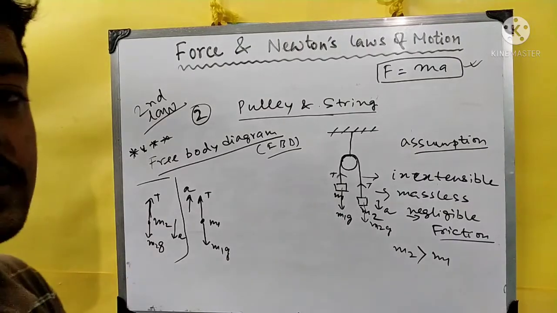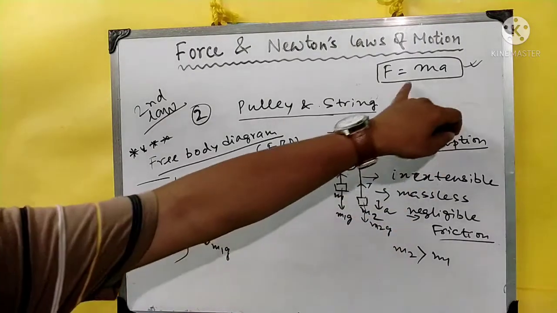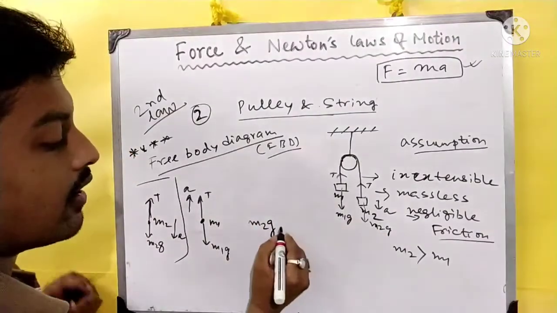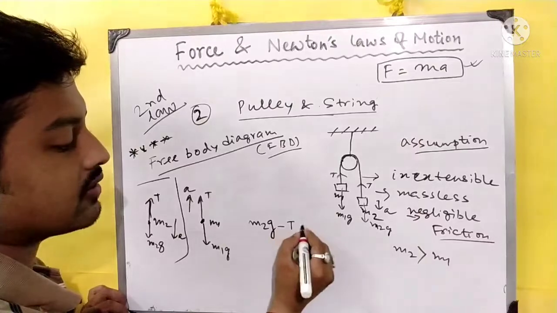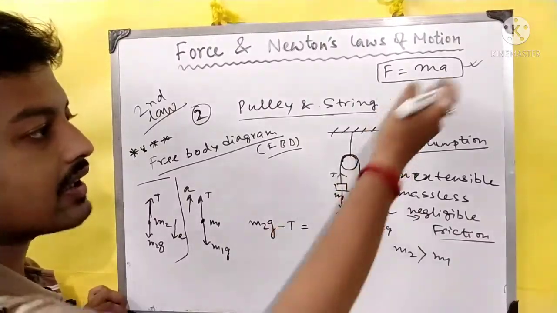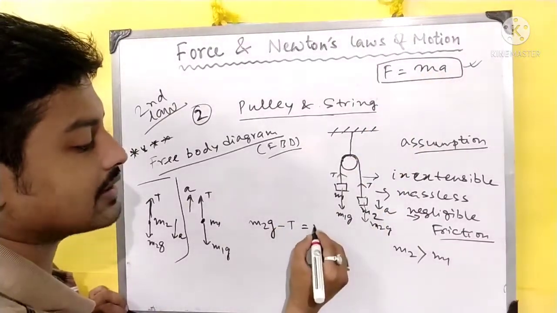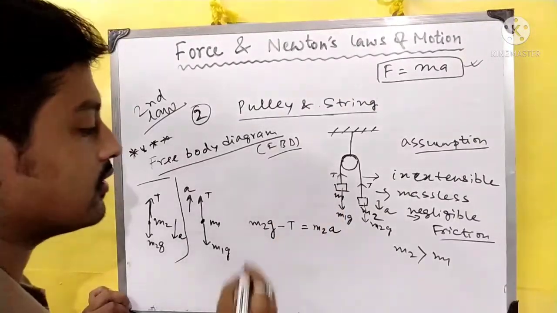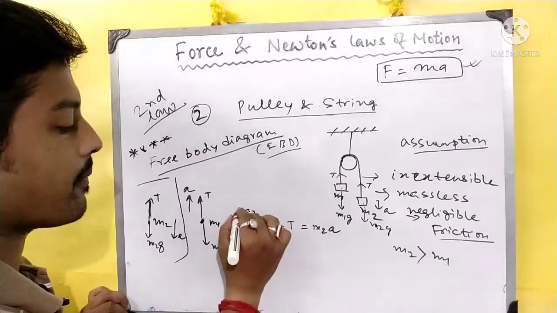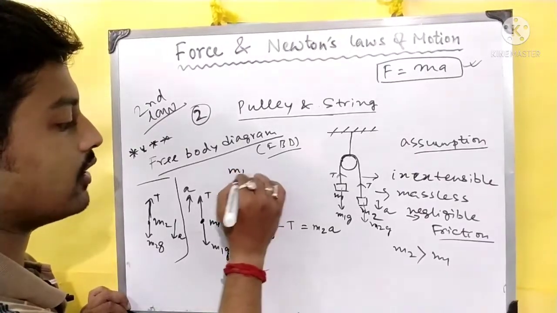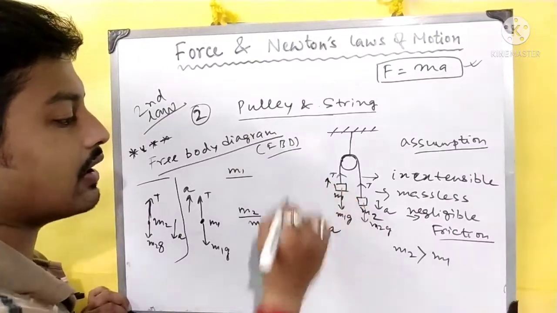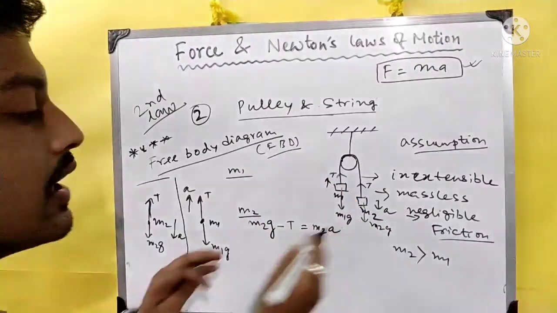Now we have to consider the equation of the second law. m2g will be positive, upward is tension, this is the effective force, and the product of mass m2 and acceleration a. This is for m2. For m1, the acceleration is in the opposite direction of m1g.